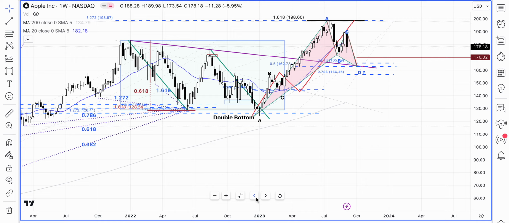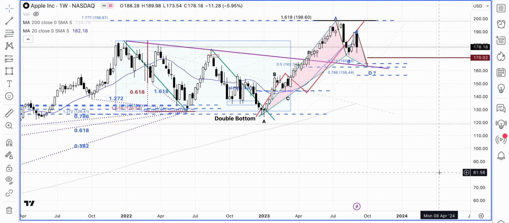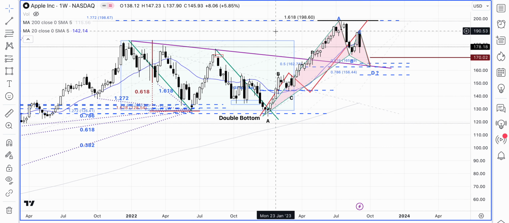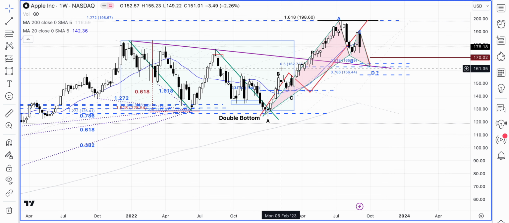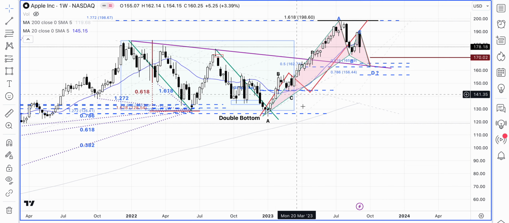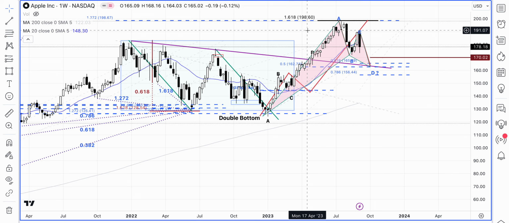Then let's take a look at the weekly chart of Apple stock. Here we had a confluence of two things coming together: a 1.272 Fibonacci expansion of this range, and also if you take this A B swing and multiply it by 1.618, the projection also came around the $200 per share level, roughly speaking.